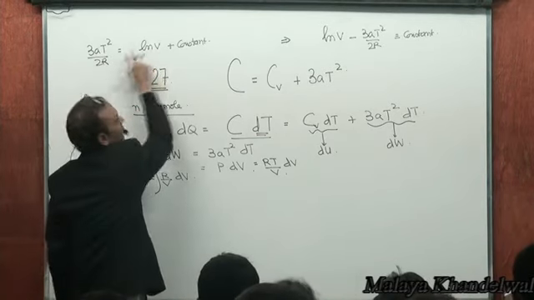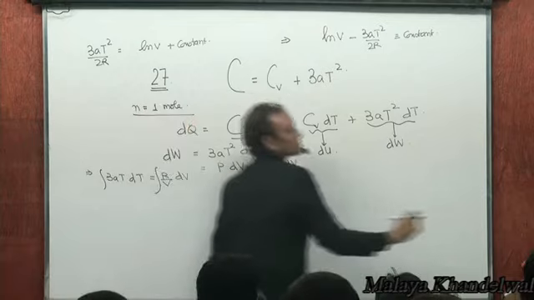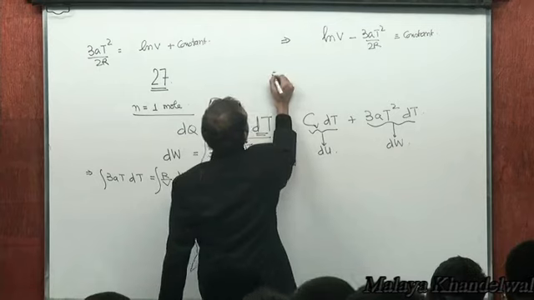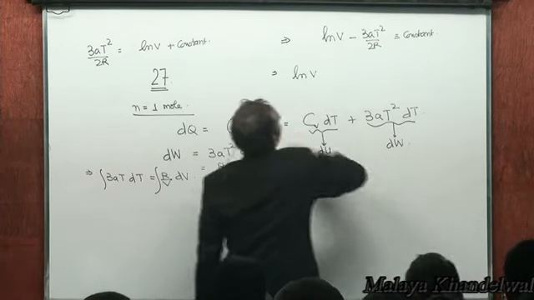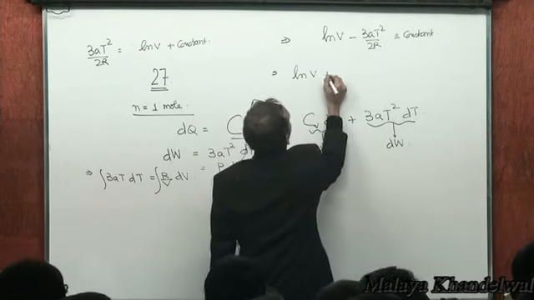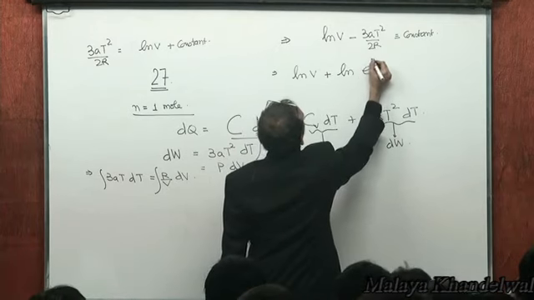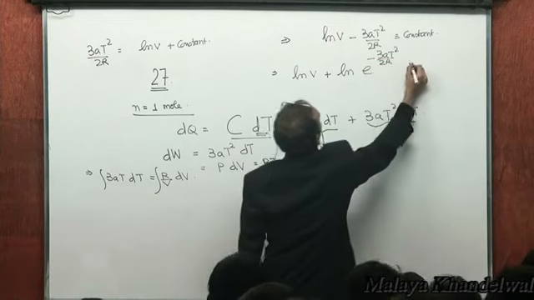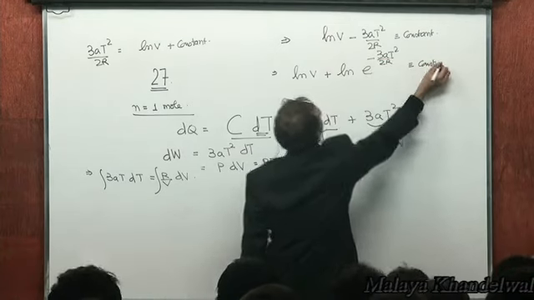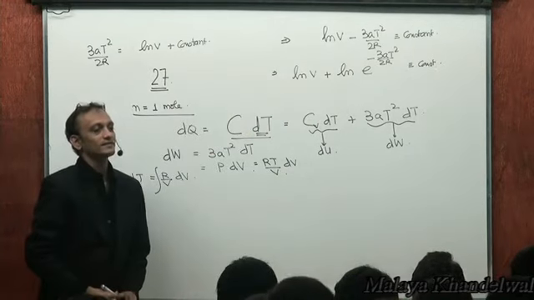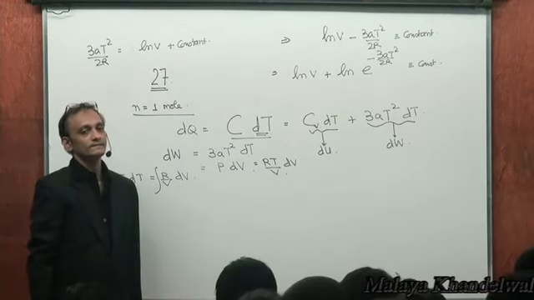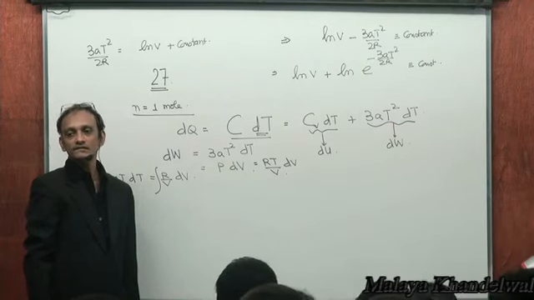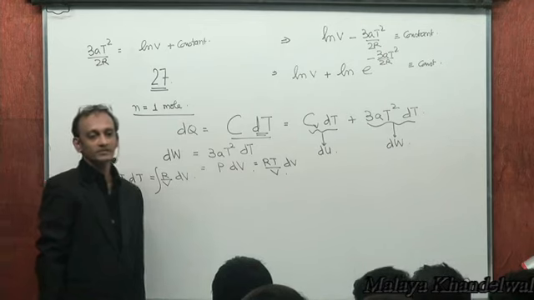I just transpose, and this log V minus that term is a constant, and therefore log V, this I can write as log e to the power minus 3a T squared by 2R. Can I write this? Tell me if you understand this.